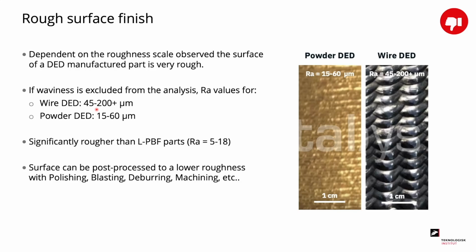For powder DED or lens, it is between 15 and 60 micron. This is significantly rougher as compared to laser powder bed fusion parts, where the Ra values are typically in the range of 5 to 18 micron. However, the surface can be post-processed to a lower roughness with polishing, blasting, deburring, machining, or similar.